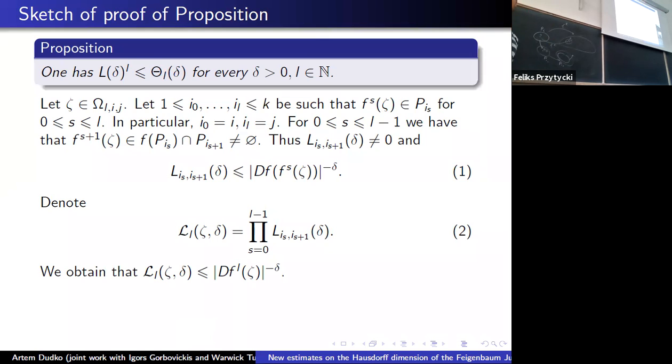And what you obtain is that this product is less or equal than the derivative of this iterate raised to the power minus delta, just taking the product of this inequality.